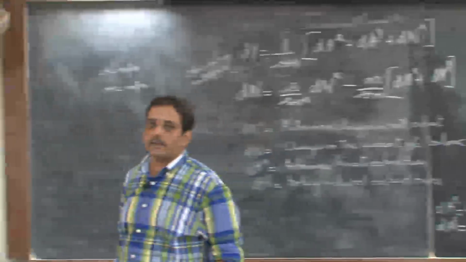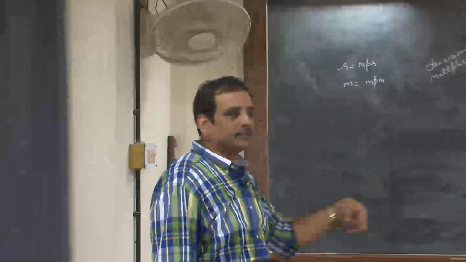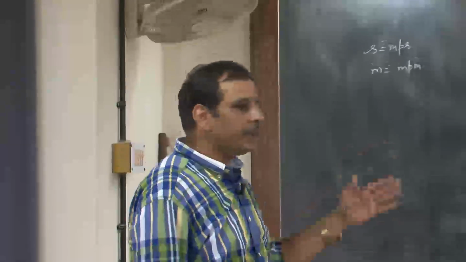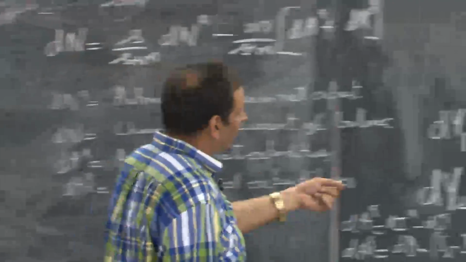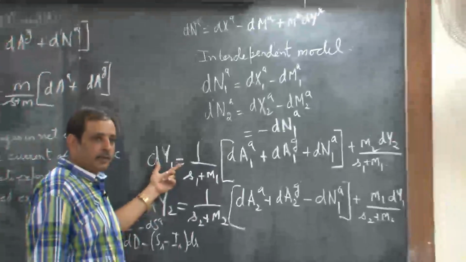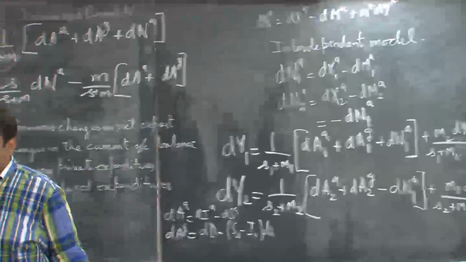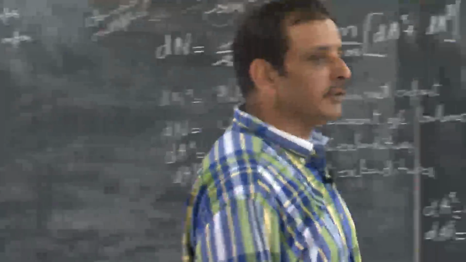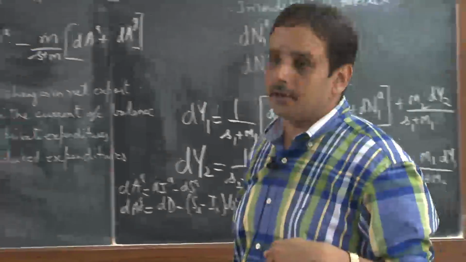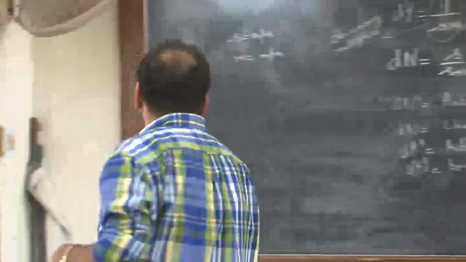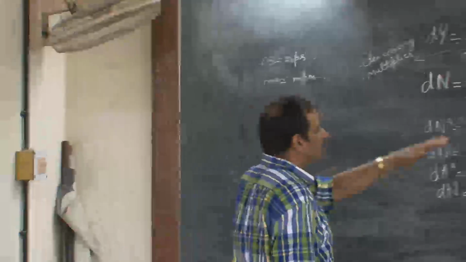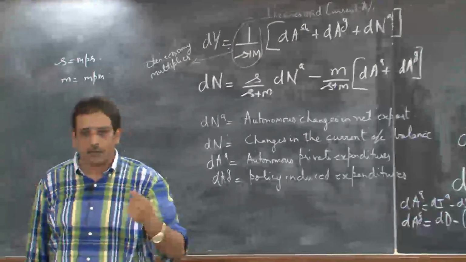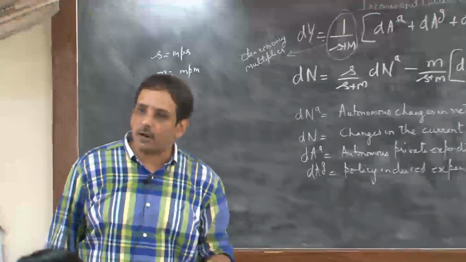So I will spend some time on the board and then solve these simultaneous equations and see what finally comes out, what impacts the changes in the incomes. And you will find that it's not only your expenditures, that is your country's expenditures, but their country's expenditures also having an impact on your incomes. And then once we have these figures, we will also get a figure for our current account balance.